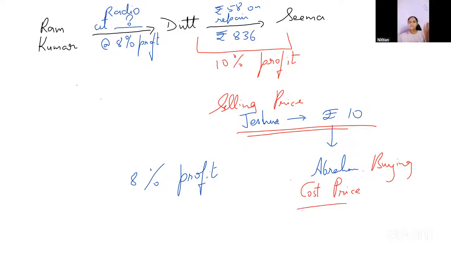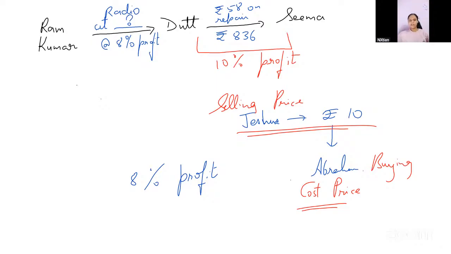The person who is buying, for me it is cost. If I'm buying, it is cost. If I'm selling, then it is selling price. For Joshua it is selling price because he's selling. Abraham is buying, so for him it is cost price. Understood? So Ramkumar's selling price is that's cost price.